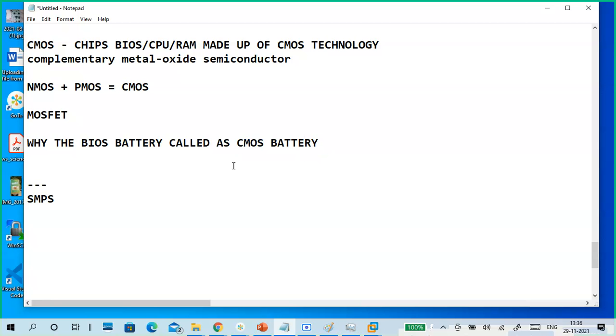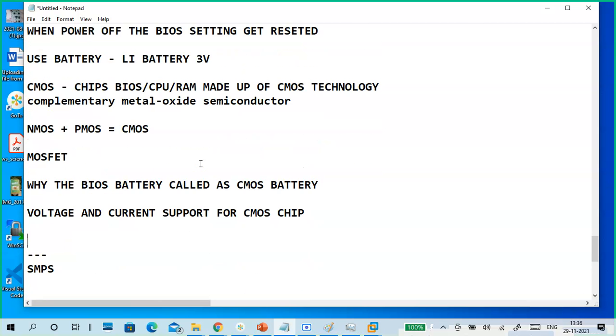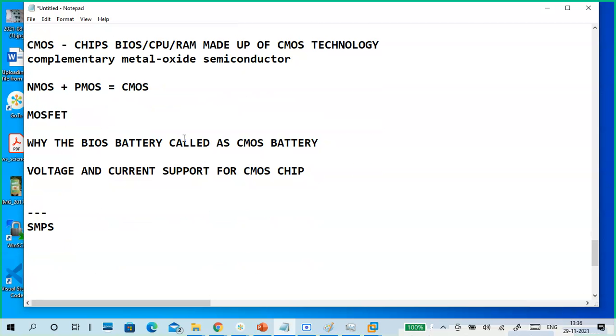Why we call it that is because the voltage and current support CMOS chips. So why do we need this battery? Because when you shut down your computer, the BIOS settings and data should not be reset. So we need a battery to support your BIOS chip.